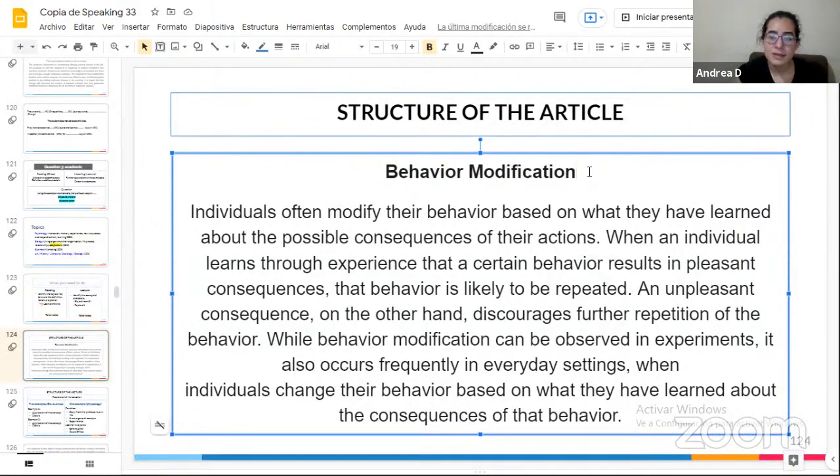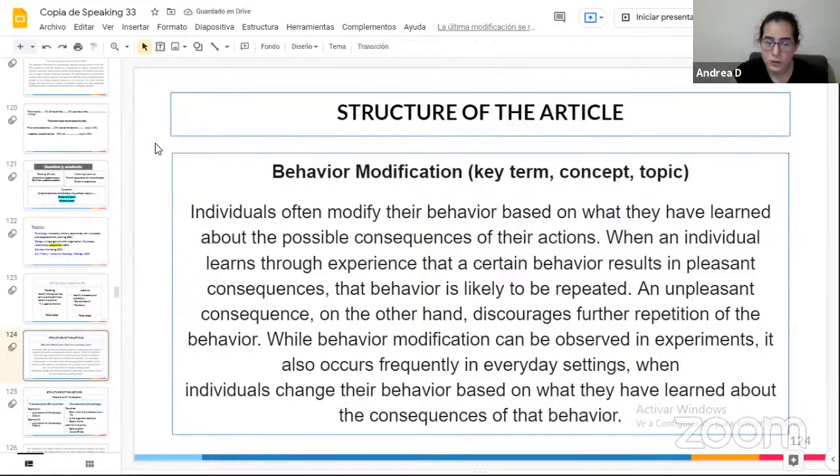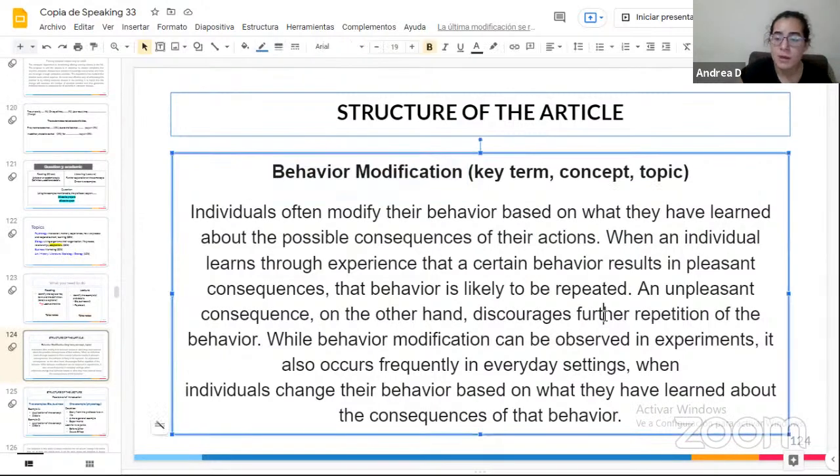Because the title is not just a summary like it was in task 2 or anything. This is a key term, okay? It's the concept, the main topic, and it's something that you guys have to mention in your response. So you have to mention behavior modification. So you better take notes on that, because it's gonna be there.